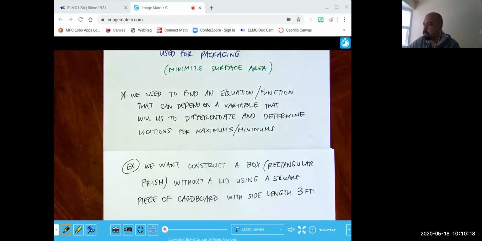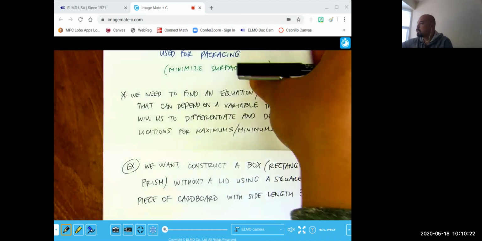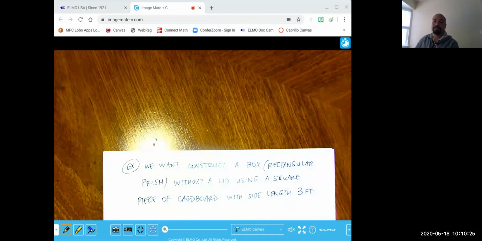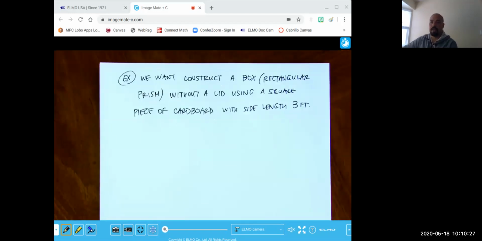So 1 yard, 3 feet across the side, 3 feet across the top. We'll draw that picture in just a second.